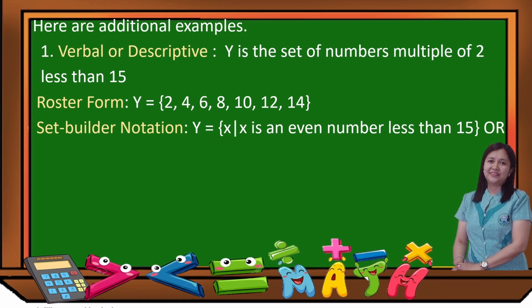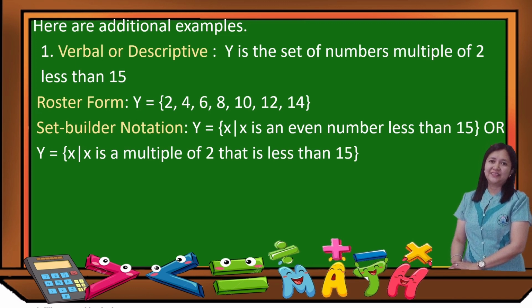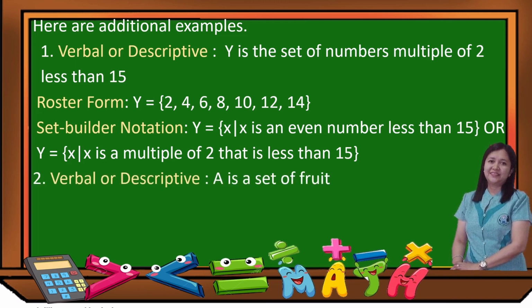Notice class that in writing the elements in set builder notation, we use a singular linking verb. So that is an even number less than 15. Or Y is the set of all x's such that x is a multiple of 2 that is less than 15. Do you understand?